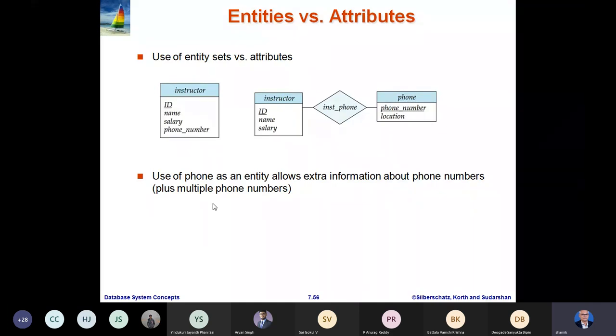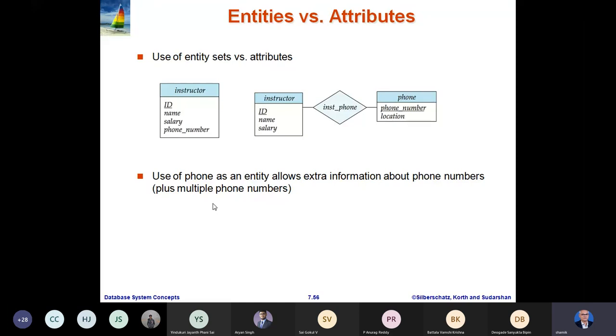But if that phone number has something more associated with it, as if there could be certain other attributes associated with it, then we will model that as an entity set. So in the second example, we have phone, and then we have a phone number, maybe the location, meaning in which building that phone number is located, so you can trace it if it is a landline.